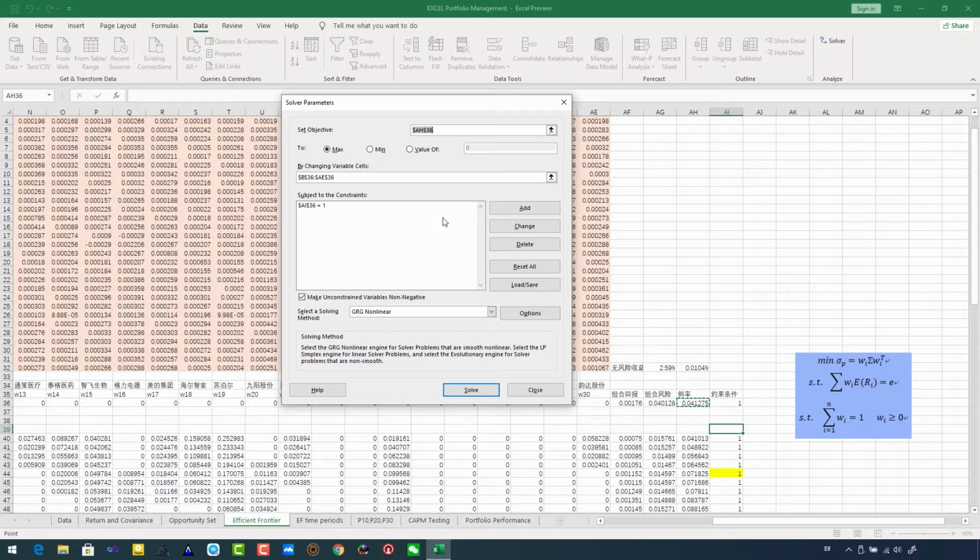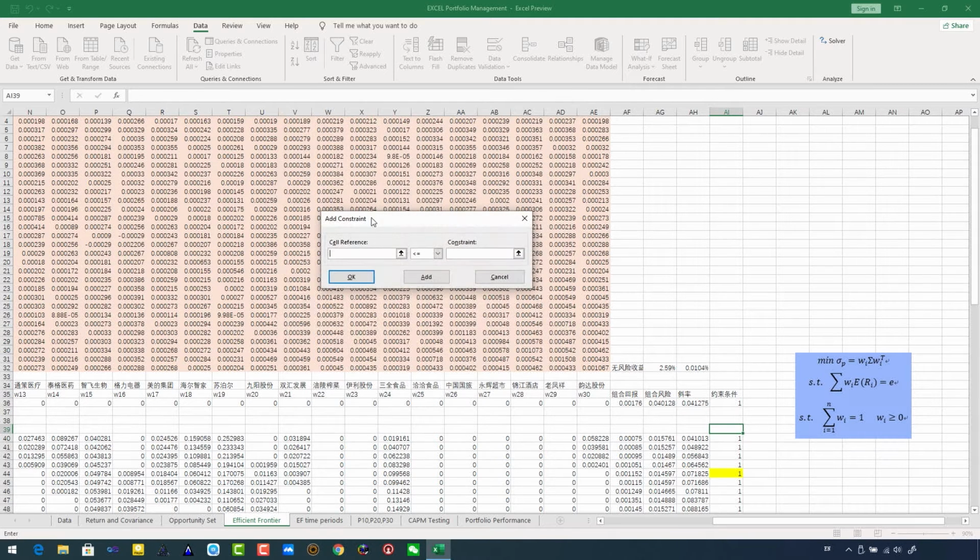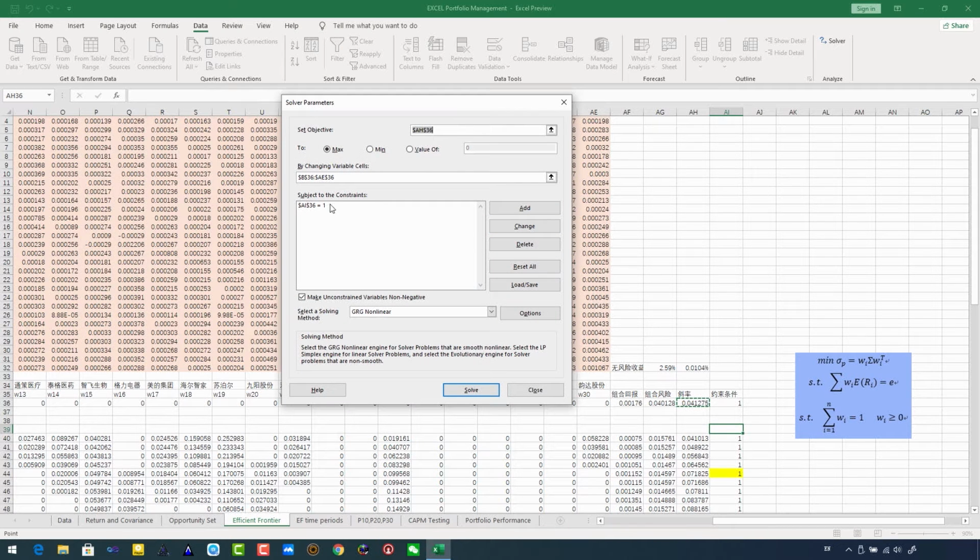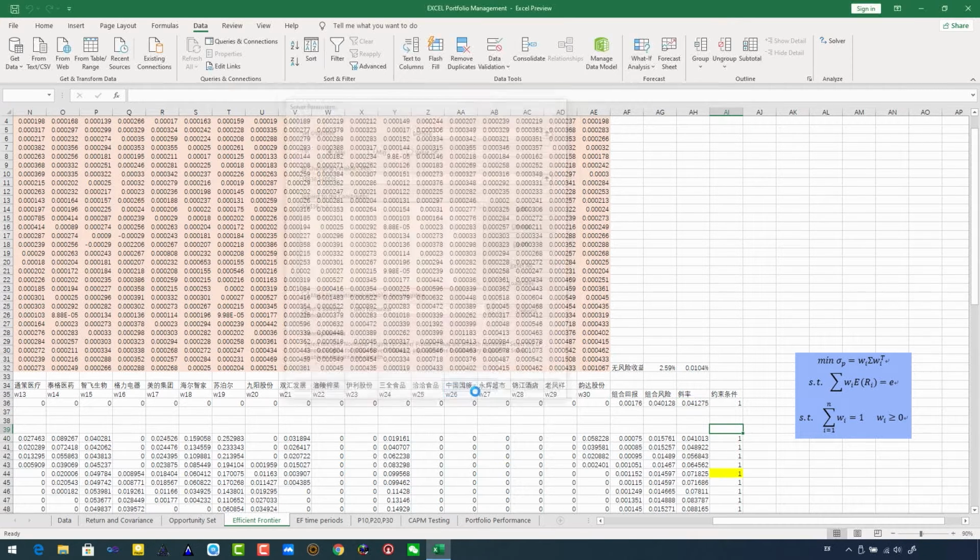So you can add the constraint that the weight for each individual stock should be greater than or equal to 0. I don't have enough time, so I didn't add each constraint in your Solver. So if you have time, you can do it by yourself. And after you add all the constraints, you can click Solve.